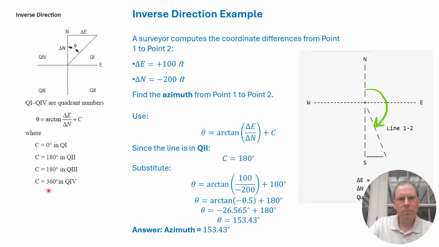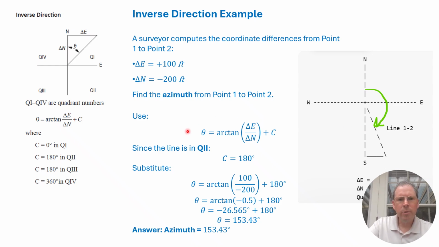These are straightforward problems. Here's an example: a surveyor computes the coordinate differences from point 1 to 2. You have an easting of 100, so you're going over this way 100, and a northing of negative 200, so you're going down this way 200. Let's say that it puts you right around here. Notice you're in this quadrant 2, and the angle that you're calculating is like this here.